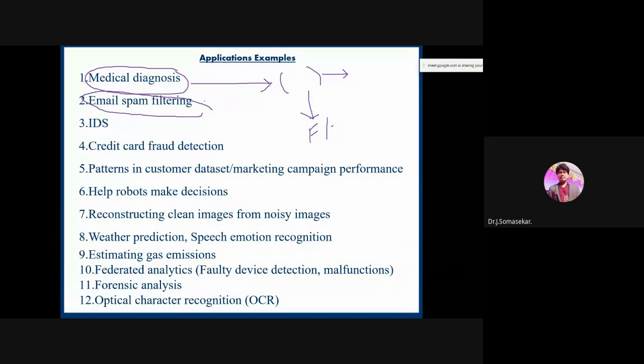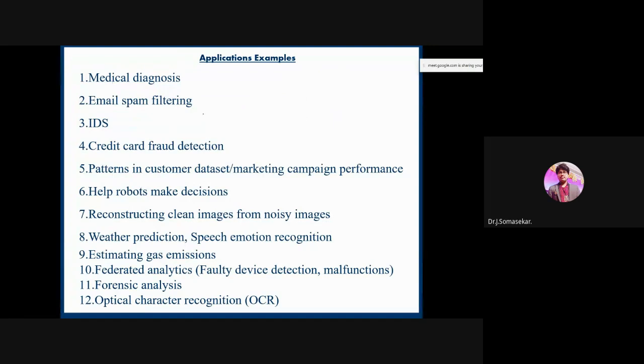That is called medical diagnosis. Then email spam filtering: whenever I receive a mail, and in general we receive mail every day, some mail goes to the spam folder, which you can check on the left side of the mailbox, and some goes to the ham folder. Ham means inbox, non-spam.